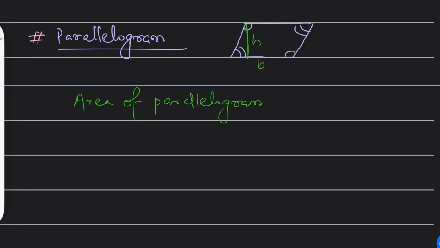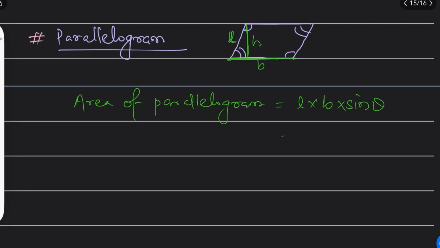The area is length into breadth, L cross B, right? Sir, actually this is L B sin theta, sir. I will let you know over time what this is. L is the length, and theta is the angle between length and breadth, right?